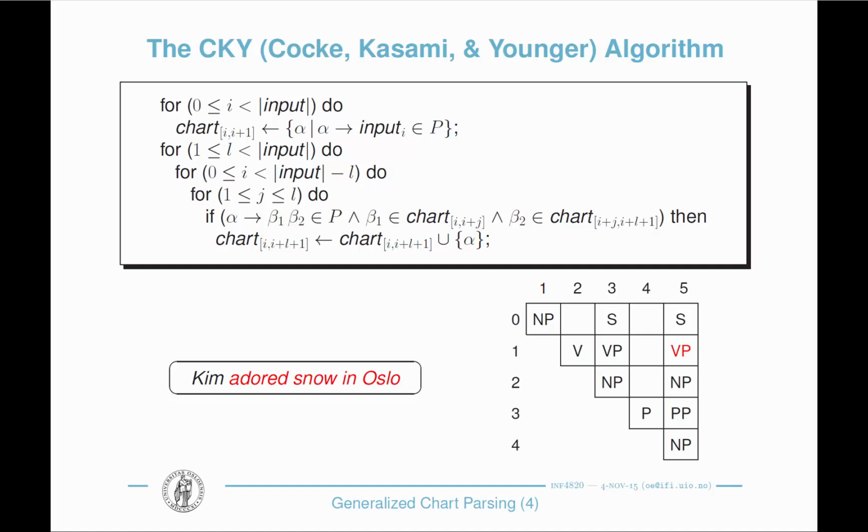So we union a new category into the target cell if and only if we can find a rule that rewrites alpha as beta 1, beta 2, and we can find beta 1 in source cell 1 and beta 2 in source cell 2. So to compute this VP, source cell 1 would be here, beta 1 would be V, source cell 2 would be here, and the rule would be VP goes to V NP, and hence alpha goes here.